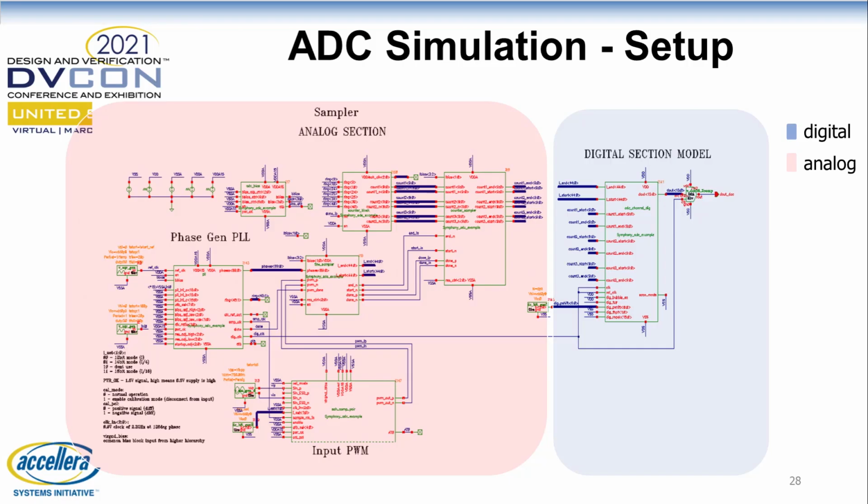The blue region contains the digital part of the ADC and points to the RTL code of the digital designers. It is followed by a Verilog-A DAC on the output, at which we can measure the ADC performance, namely the effective number of bits.